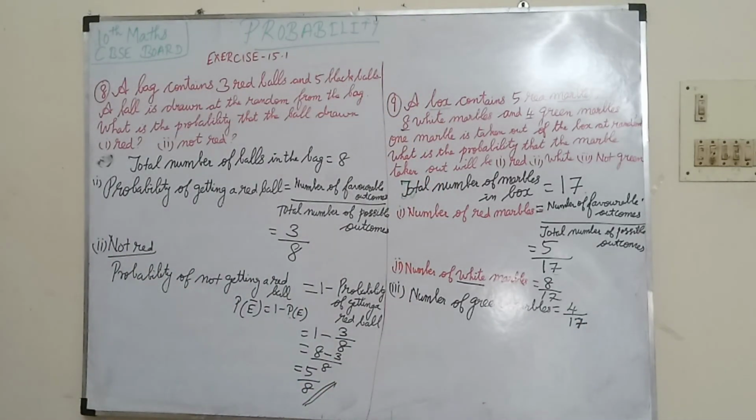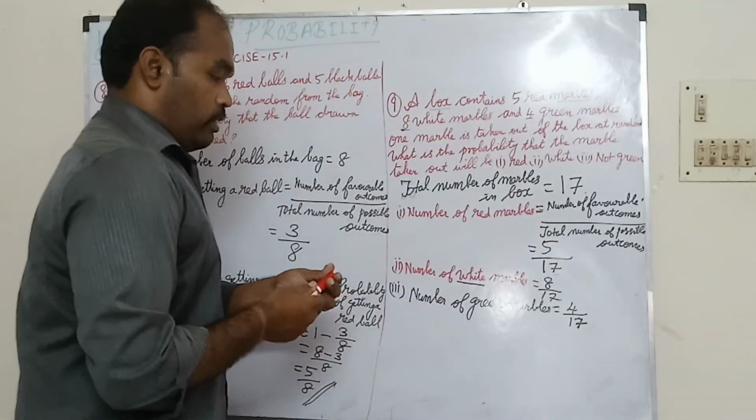So now, the probability of not green, how much?